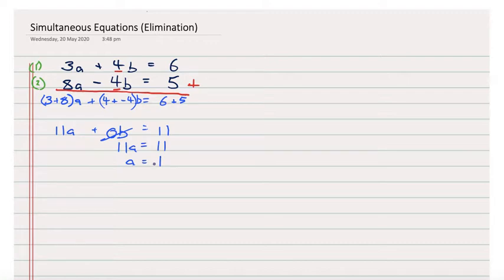Now to finish this off, since we know the value of a is 1, we can work out the value of b. Grabbing either equation 1 or equation 2, it doesn't matter. If we grab equation 1, 3a plus 4b equals 6, then we let a equal 1, because that's what we found it to be down here.